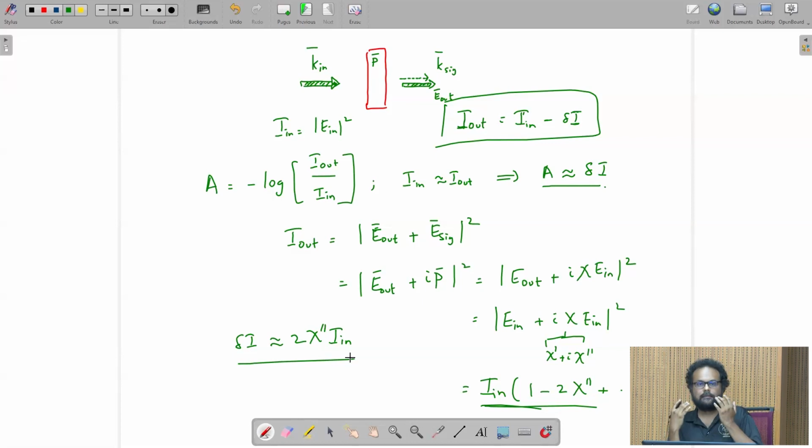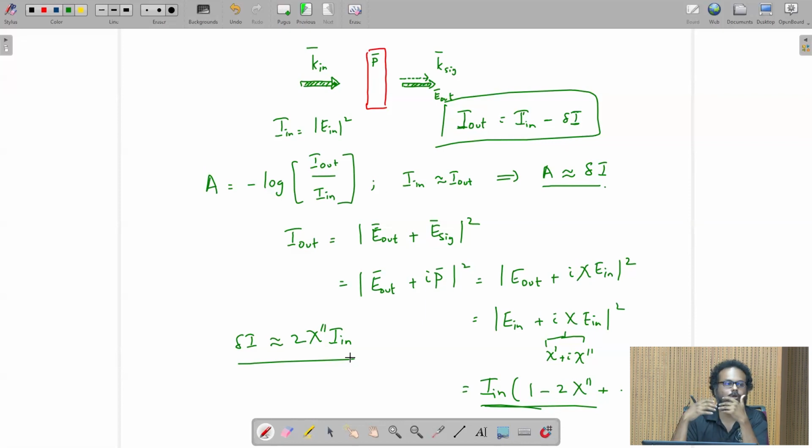So if you want to bring that in, let's go back to the definition of polarization. What is polarization? It is a macroscopic dipole moment. So quantum mechanically, how can I define polarization? By the dipole moment operator.